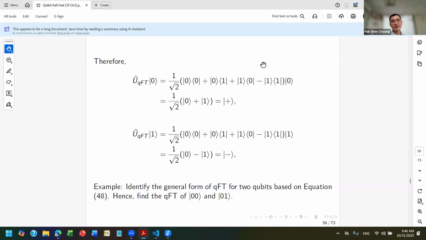When you see the 0 states, they form an inner product equal to 1. That's why you have the 0 states here. But the second term cancels off, and the fourth term also cancels off. So you know that the Fourier transform of 0 eventually just gives you the plus state, and the Fourier transform of 1 gives you the minus state.